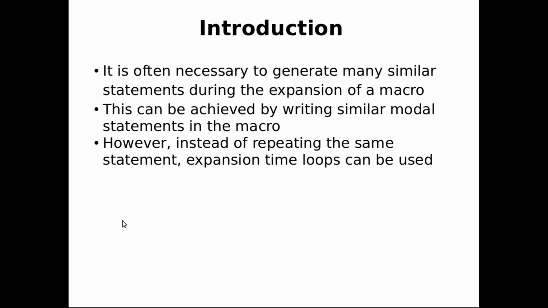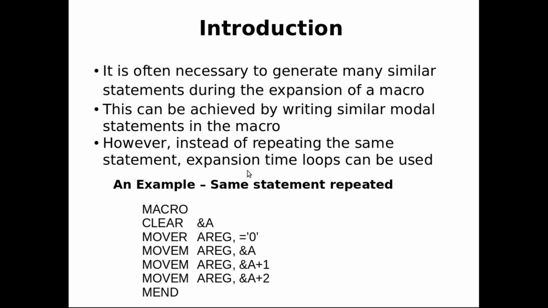So what happens is it's often necessary to generate many similar statements during the expansion of a macro. Now this can be achieved by writing the similar model statement in the macro multiple number of times. However, instead of repeating the same statement, we may use expansion time loops.